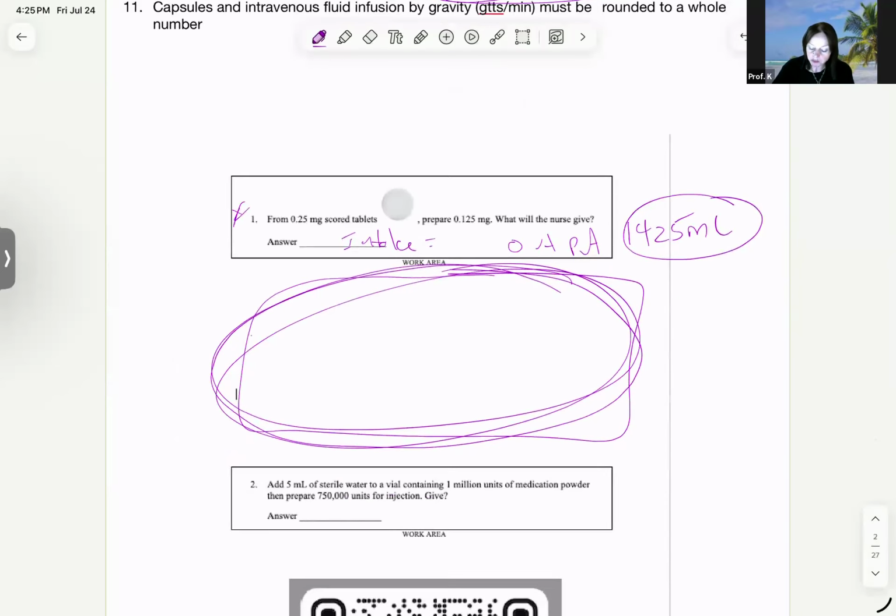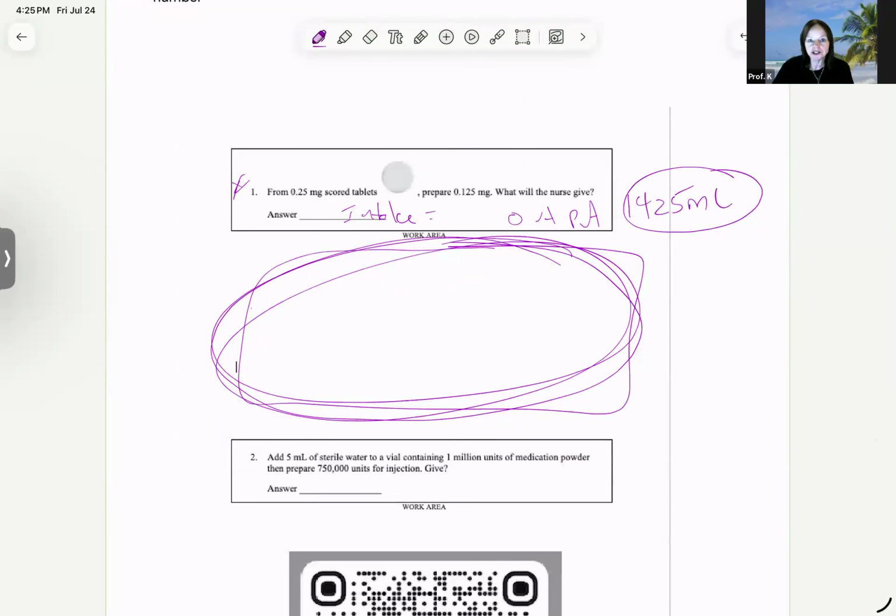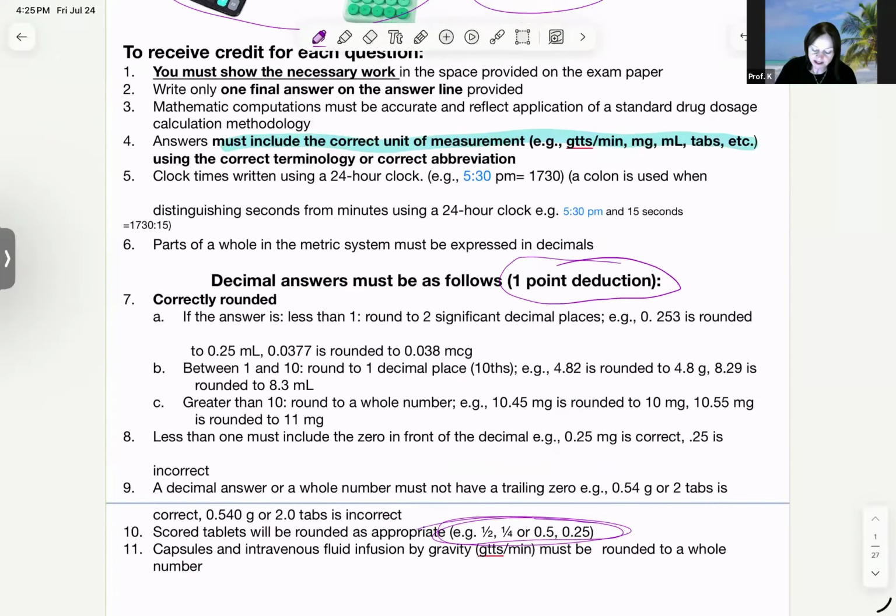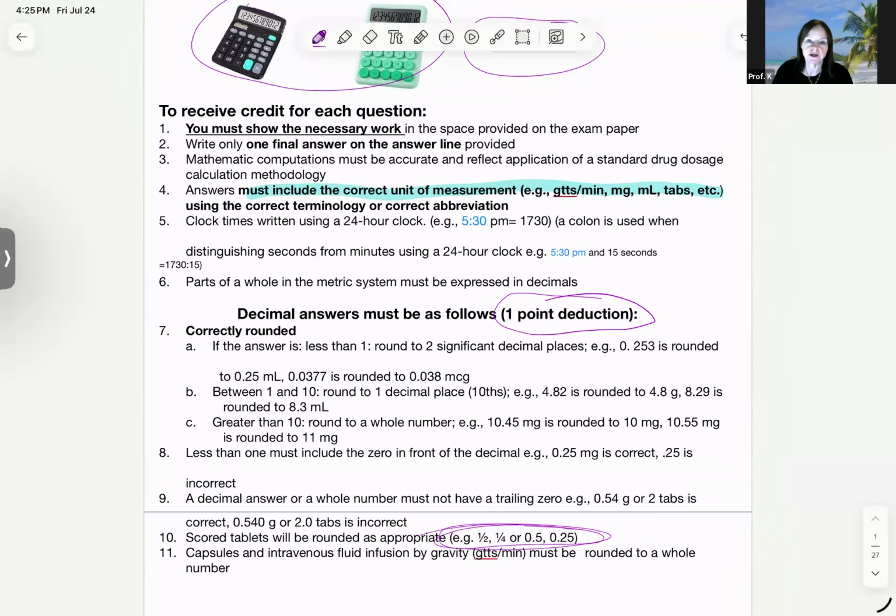And then the second page, it's like 2 questions on each page, but it's 20 questions. Each question is 5 points. And if it's a rounding error, and I can tell from your work that it's a rounding error, it's only 1 point off. But you can find out all the details in the directions. 1 hour.